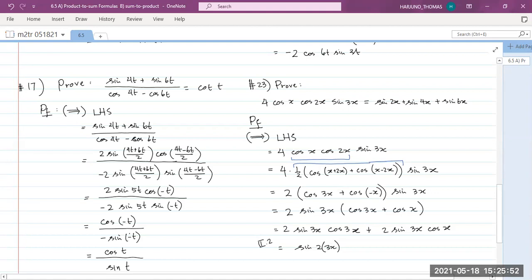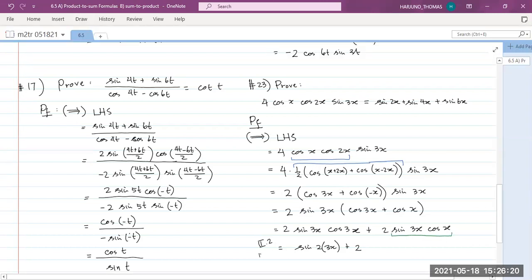Okay, plus now 2 sine 3x cosine 3x. That will be, so this guy here, I will extend this now using product to sum.